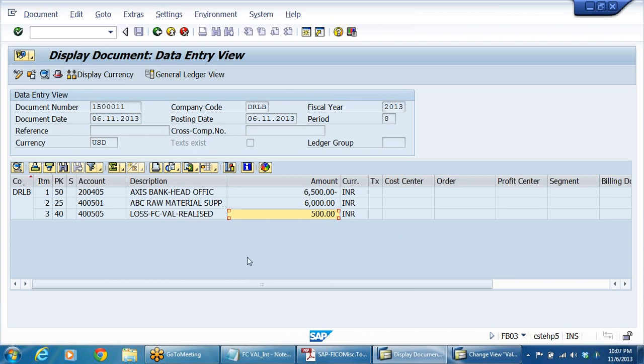Now if you want to see, this will ultimately be going to the profit and loss account. You can see the 405.05.